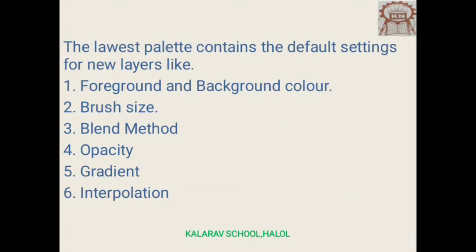Gradient. If you want to display a shaded background on your canvas or any object, the gradient tool is used. Interpolation. Each waypoint has an interpolation setting which determines the manner in which the parameters change.